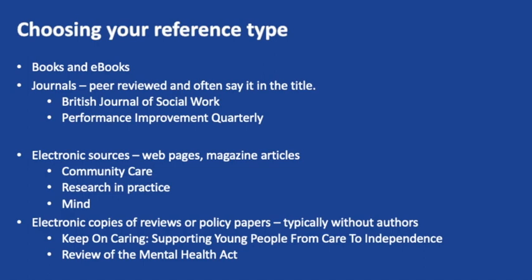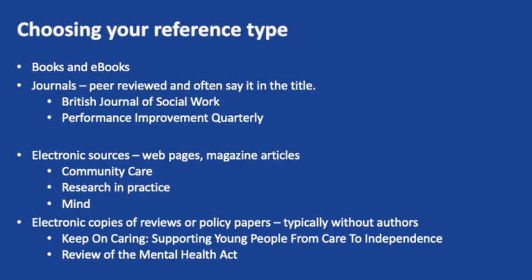And then you've got electronic copies of reviews or policy papers. This is something that's really come out in the last five years, with most government documents and policy papers appearing only as electronic archives. So you often will find those don't have authors. They will appear on either academic or government websites.